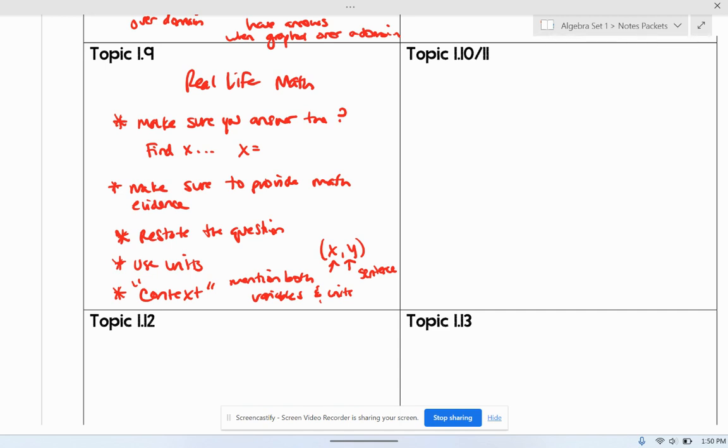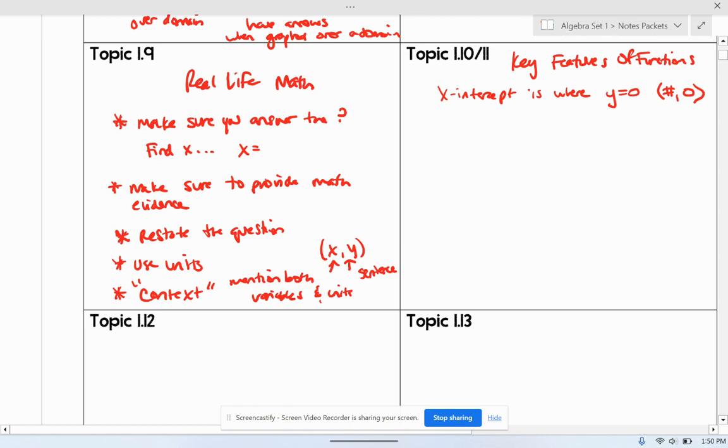Topic 1.10, 1.11, key features of functions. All right, this is a heavy hitter here. Key features of functions. Okay, the x-intercept is where y equals 0, and the point will look like some number and then a 0. Okay?